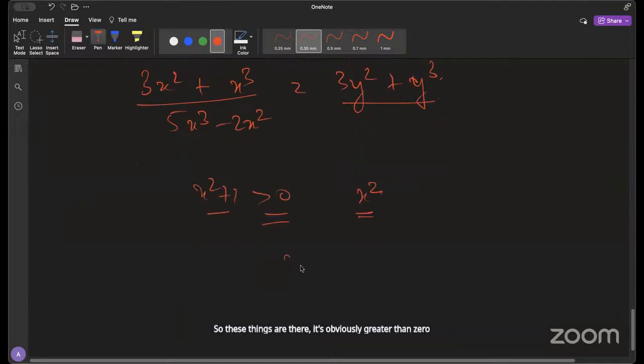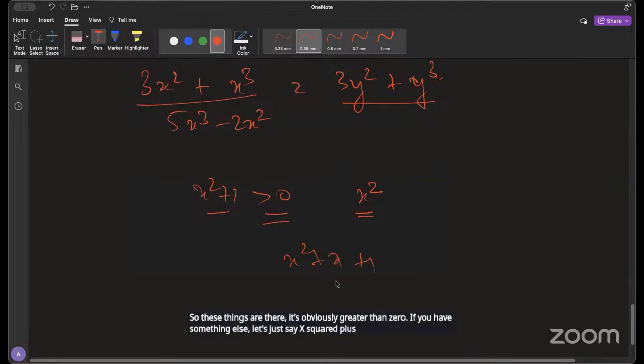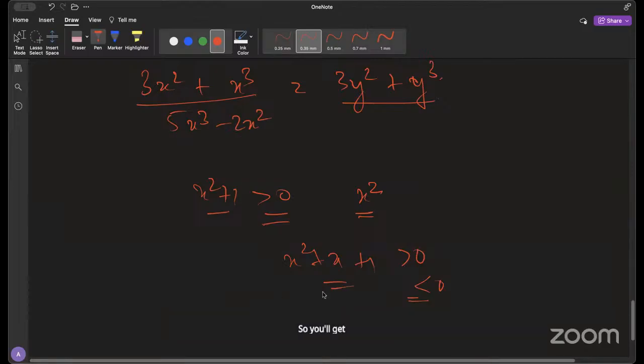If you have something else, let's say x square plus x plus 1, then you can just check where it's greater than 0 and where it's less than 0. Is that fine? Okay, ma'am. You can just put that point here, in fact, so you know what's going on at that particular point.